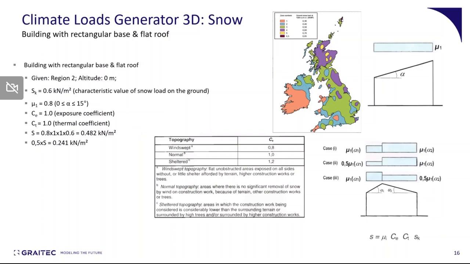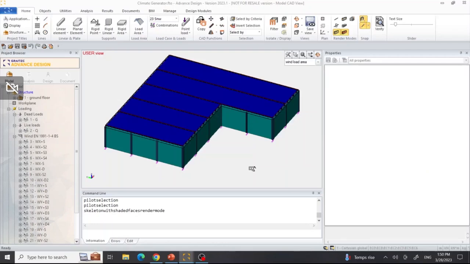And then after we have identified the snow load according to the Eurocode, we can go back to Advanced Design and see how we can use the climate load generator in order to generate some snow load for this structure. Now we will see how to use the climate load generator to create the snow load in this particular structure.